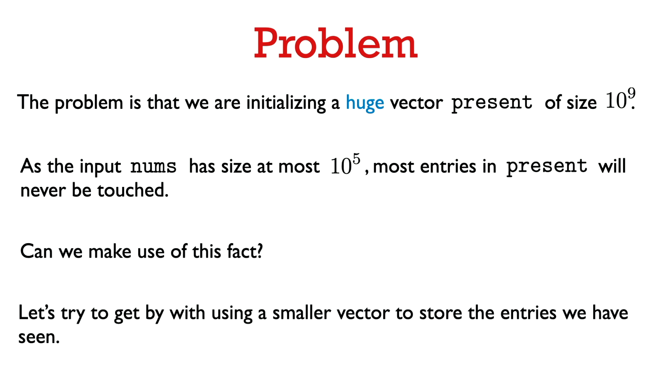So it seems wasteful to initialize a vector of size 1 billion when we only need to remember 100,000 things. So let's see if we can somehow get by using a smaller vector to store the entries that we've seen. And we're going to do this at first at the expense of sometimes having a wrong answer.